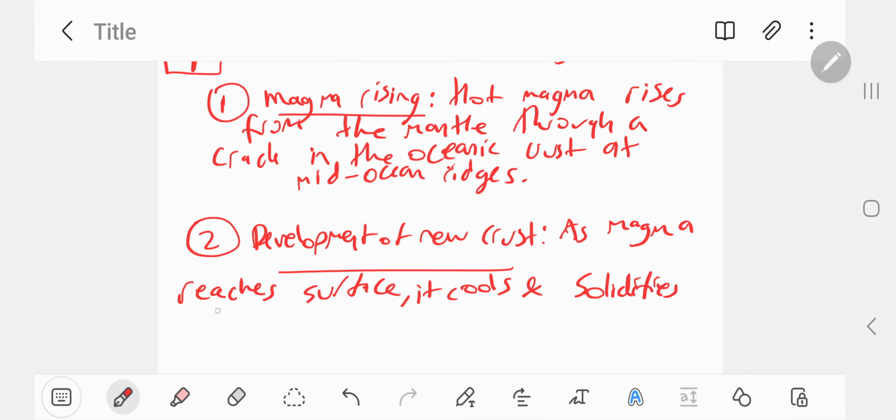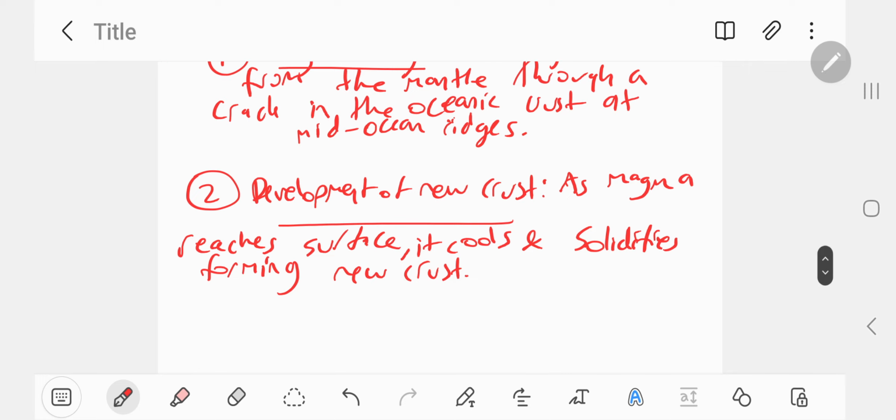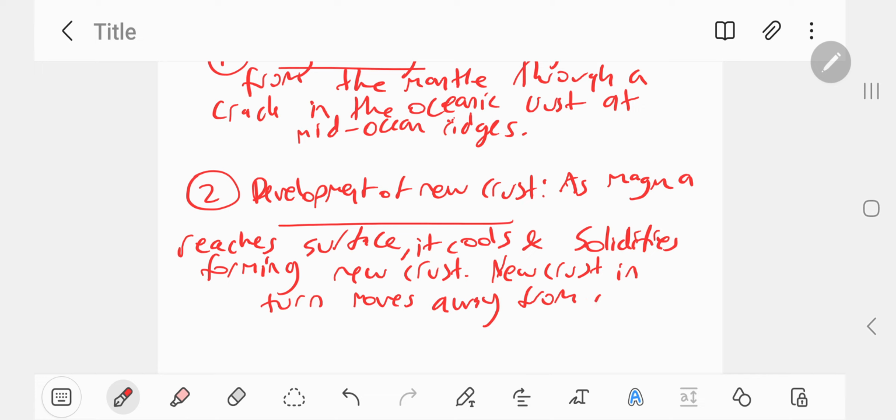So you get new crust through the solidification of magma. And the new crust in turn moves away from the mid-ocean ridge. That's because as the magma keeps rising up, it cools, solidifies, and moves away from the mid-ocean ridge.